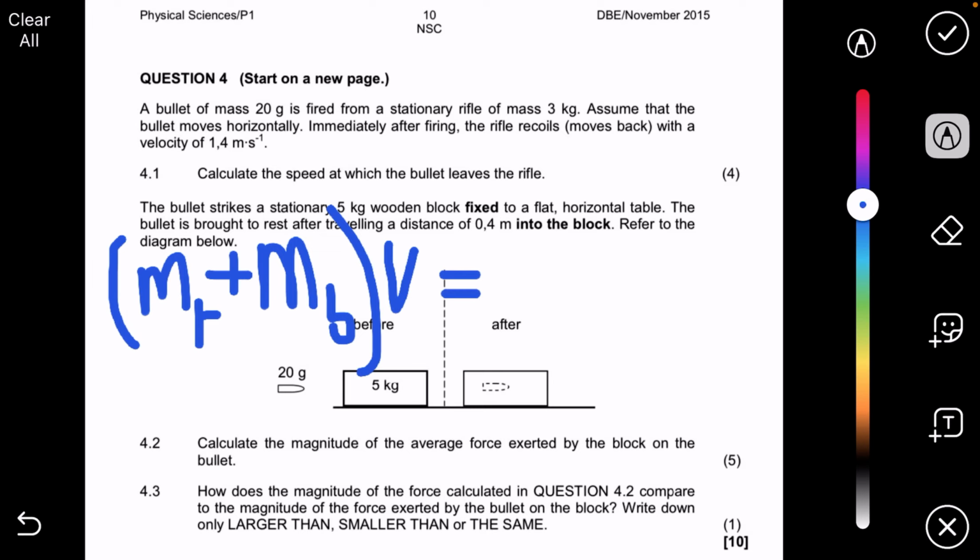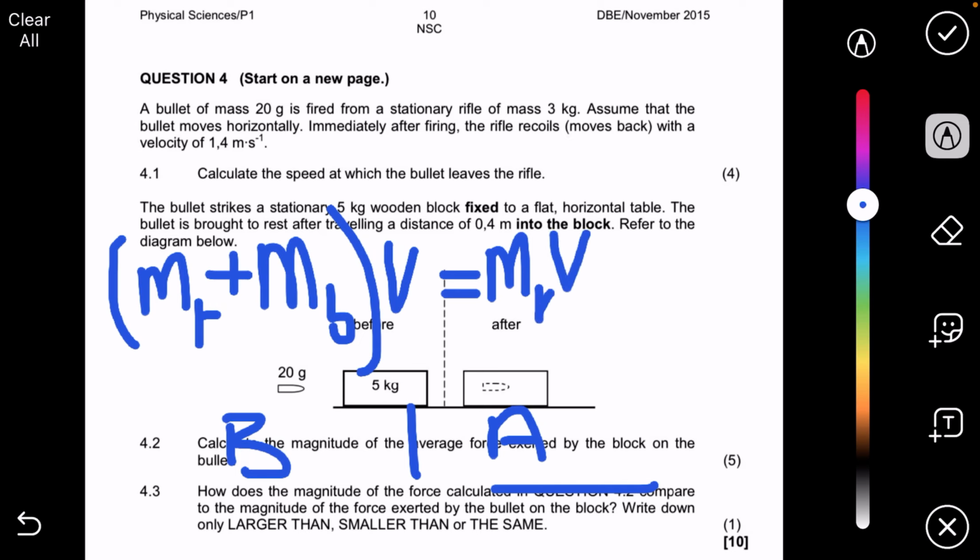I've just explained that we've got a situation before and a situation after, and after there's a separation. So we're going to have the mass of the rifle and its velocity, added to the mass of the bullet and the velocity of the bullet.